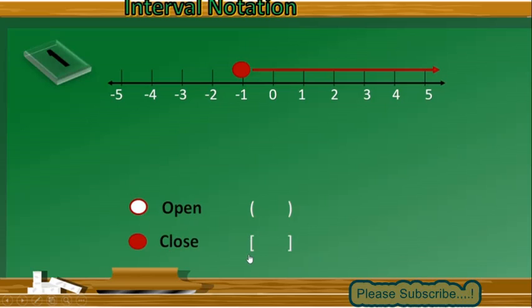To write our interval notation, we first write the bracket, then negative 1, comma, positive infinity, then parenthesis.